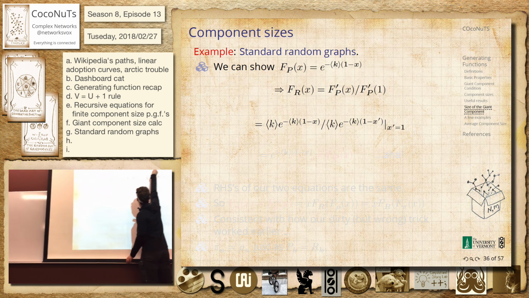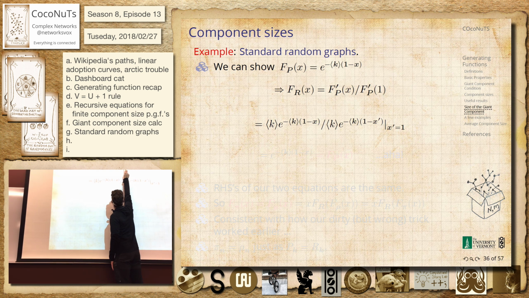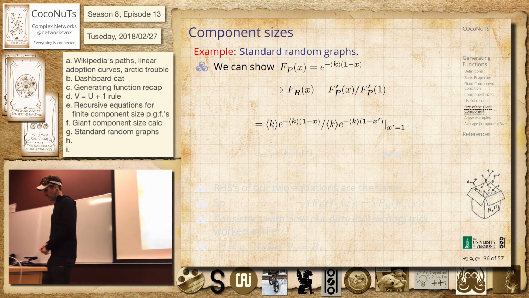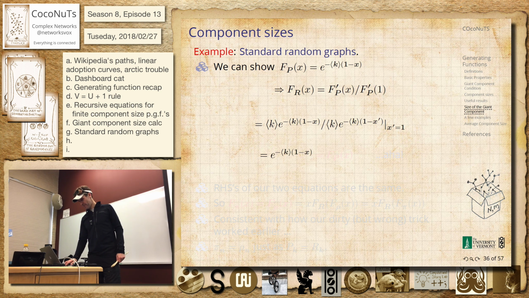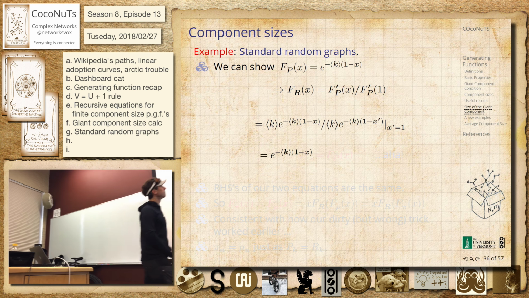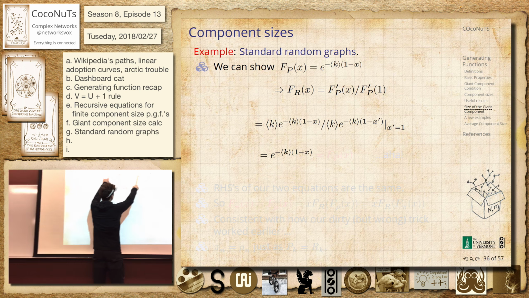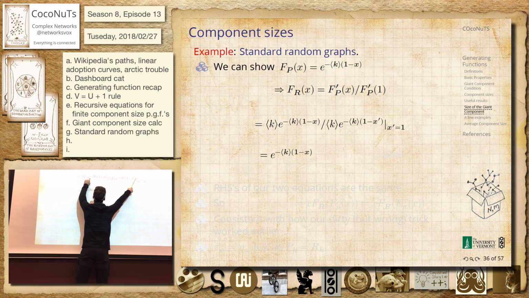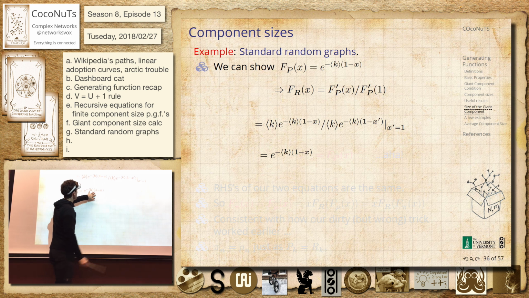If we set x equal to 1 for the original generating function, then we've got e to the 0, which is 1, which is the sum of the probabilities. Okay, so what has happened? It's not the best layout here, but these two are going to cancel each other. This is just 1 because of this evaluation, and then we end up with this.